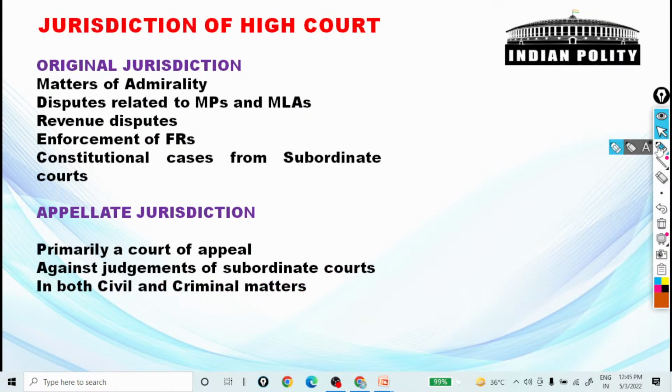Now, the original jurisdiction of the High Court. Original jurisdiction is the jurisdiction in which the High Court has exclusive authority to deal with matters. Let us discuss serially. First, original jurisdiction covers matters of admiralty. Admiralty means disputes arising over the territorial water of the country.